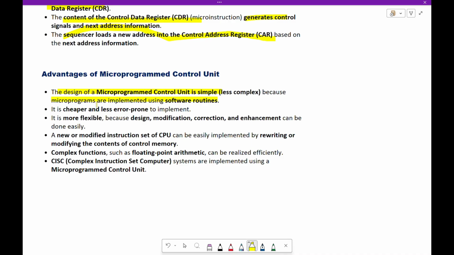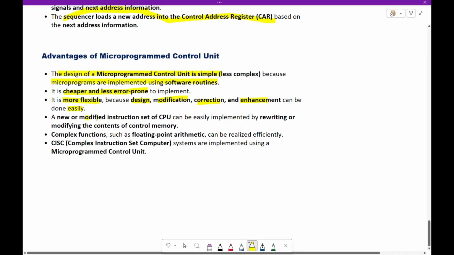It is cheaper and less error-prone to implement. It is more flexible because design, modification, corrections, and enhancements can be done easily. A new modified instruction set of the CPU can be easily implemented by rewriting or modifying the content of control memory.